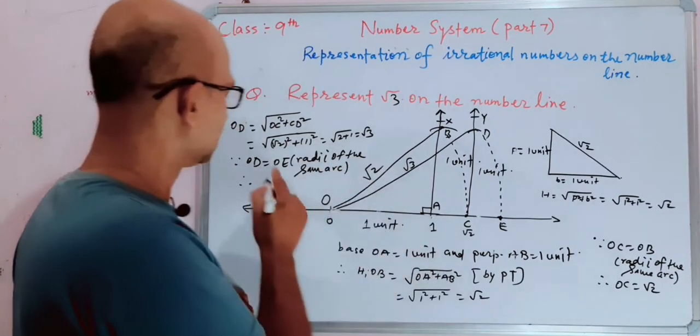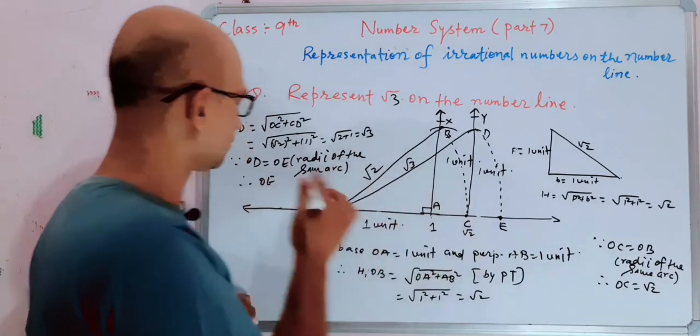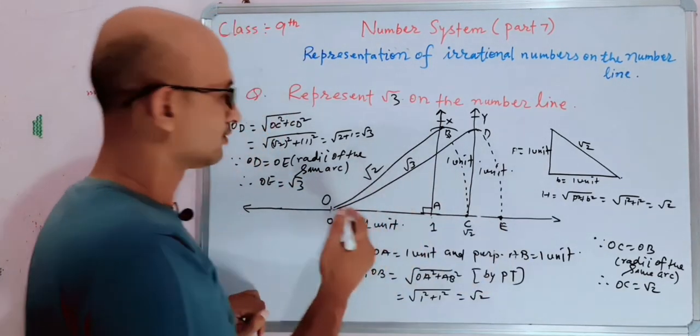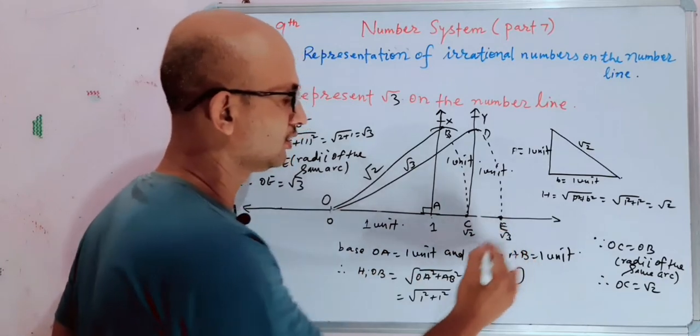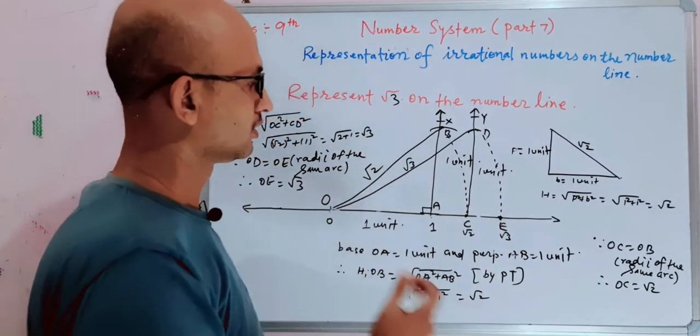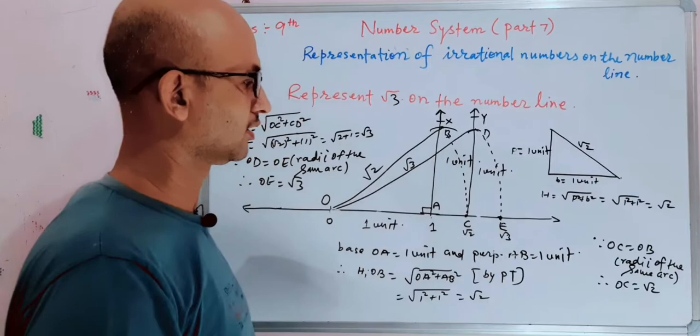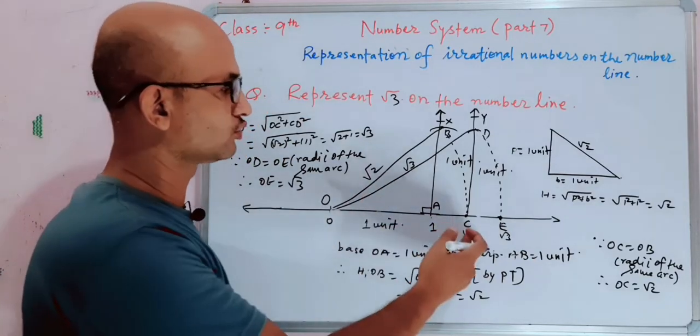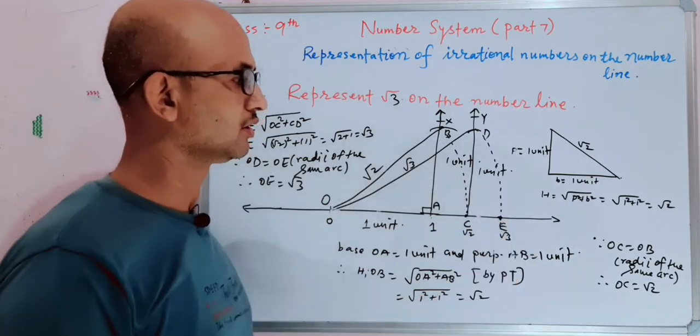Therefore, this length OE is also equal to root 3 units. Thus, we can say the point E represents root 3 on the number line. In this way, we have represented root 2 and root 3 on the number line.